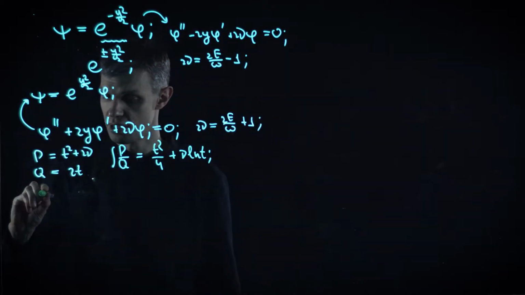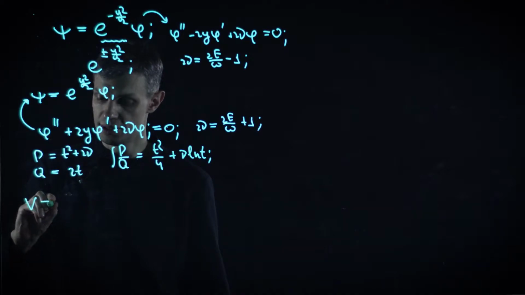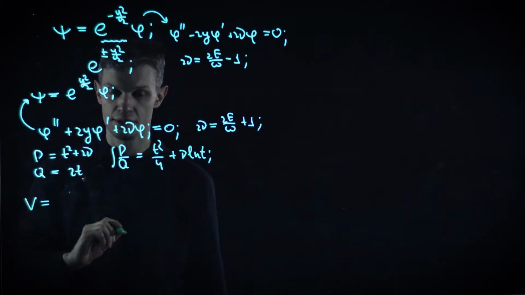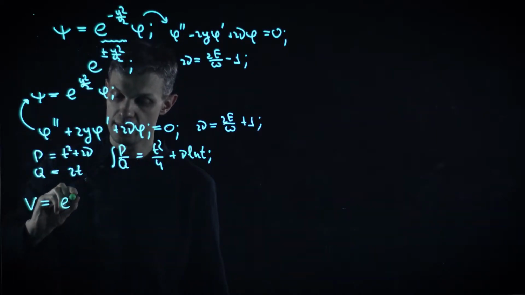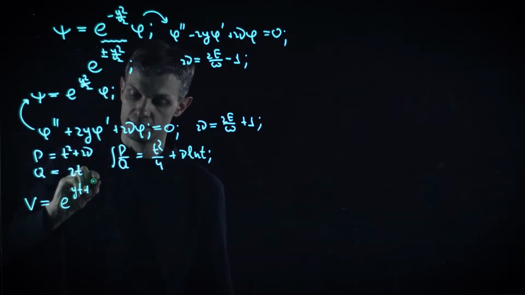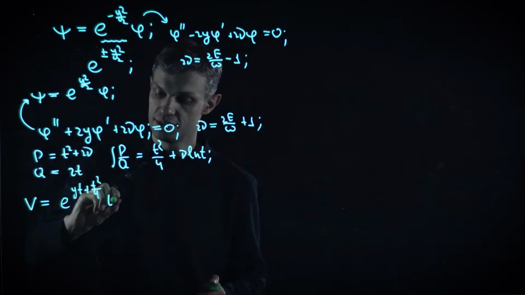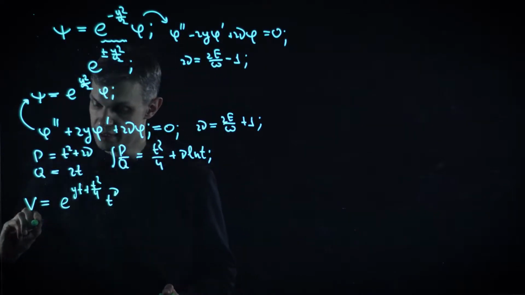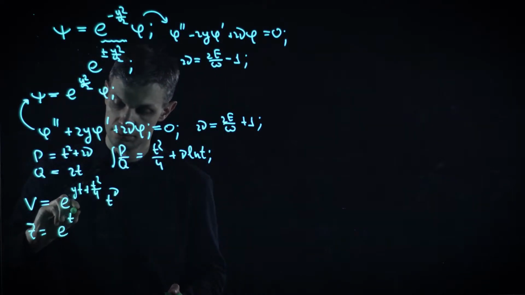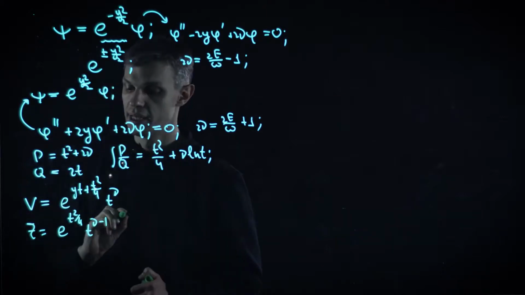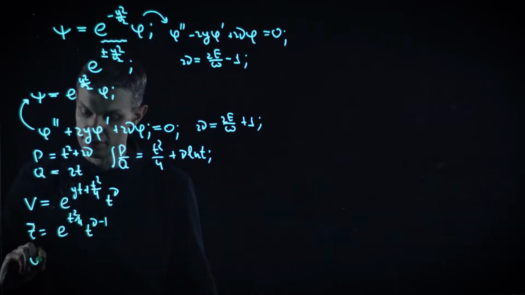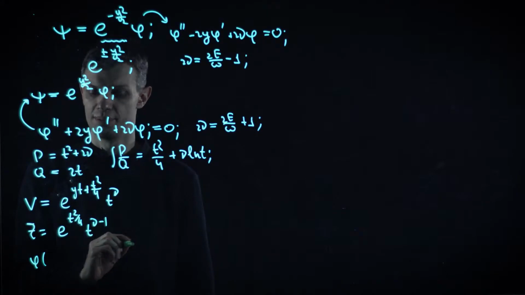And as a result, we get our constituent functions. The function v, which is now e to the yt plus t squared over 4 times t to the nu, and the exact solution in terms of a contour Laplace type integral.